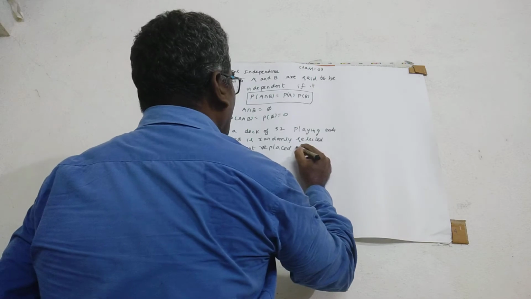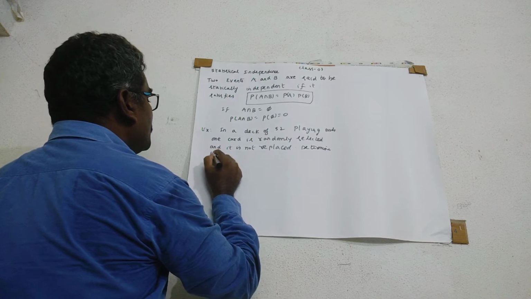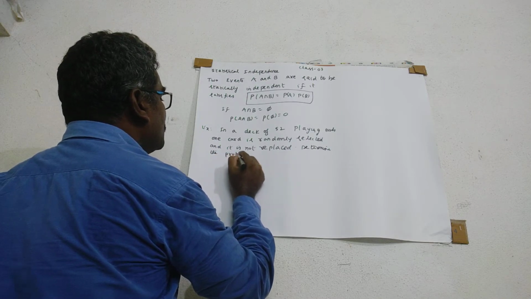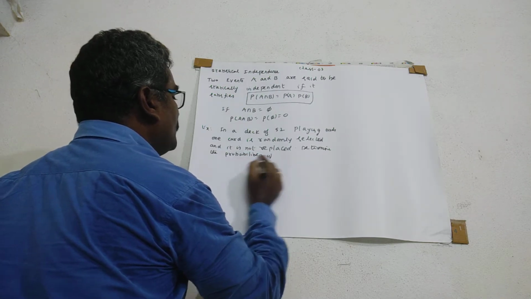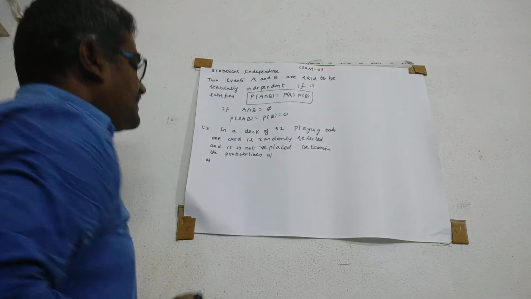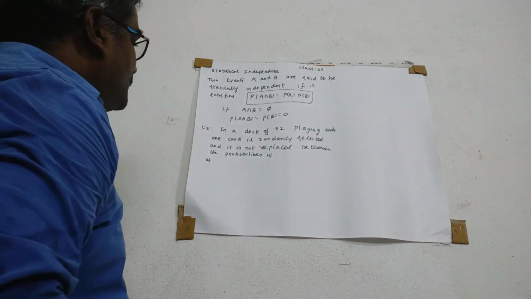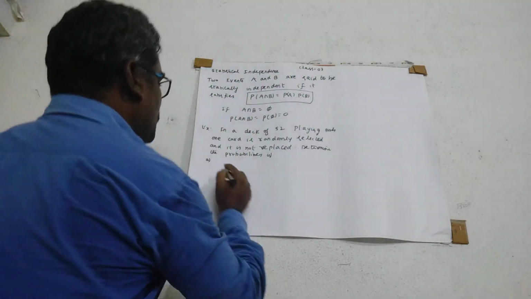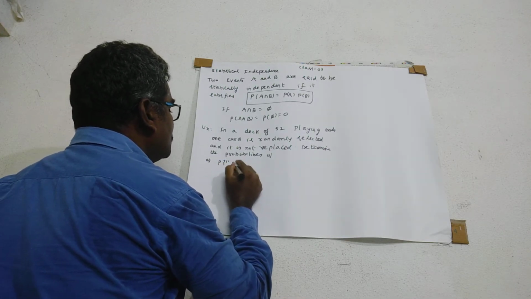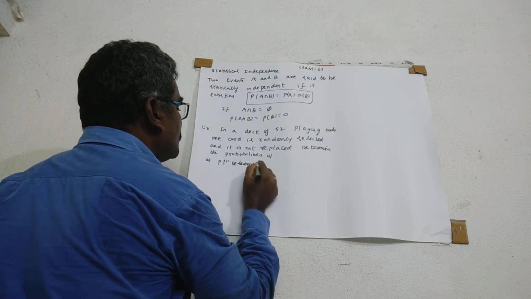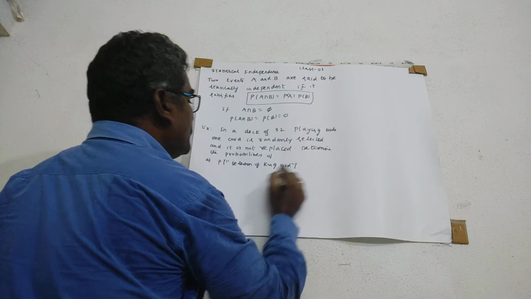Then determine the probabilities. Say for example, determine the probability of selection of a king card.